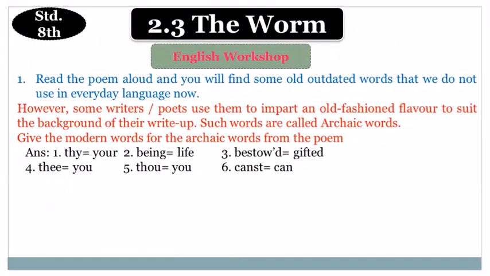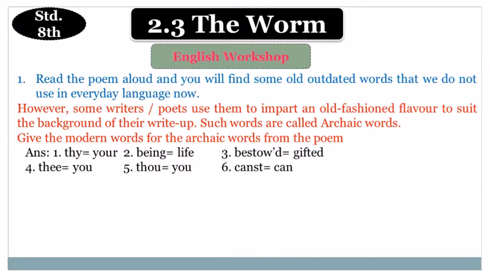English workshop, activity number 1. Read the poem aloud and you will find some outdated words that we do not use in everyday language now. However, some writers and poets use them to impart an old-fashioned flavor to suit the background of their writing.